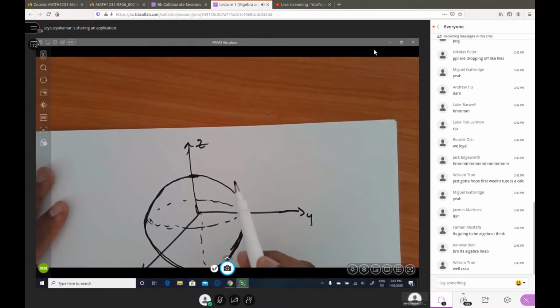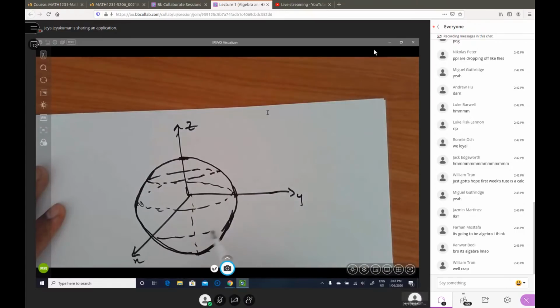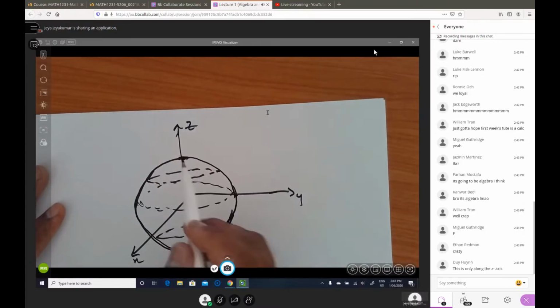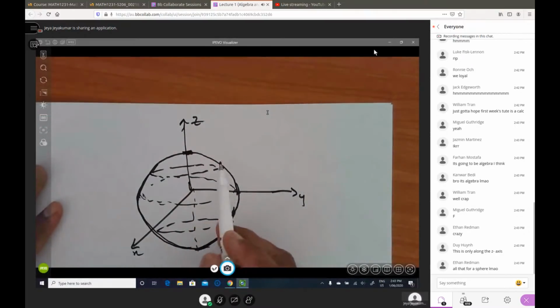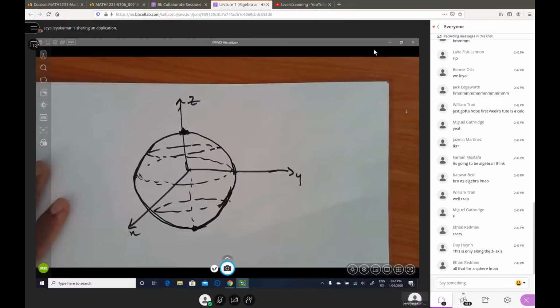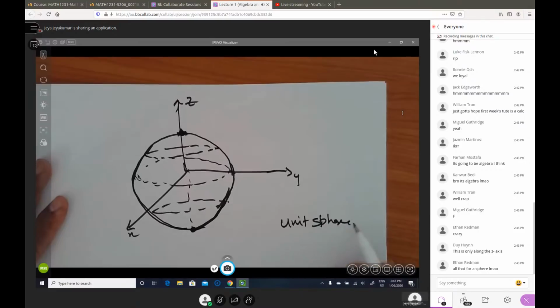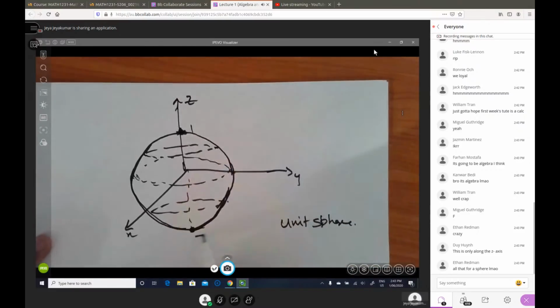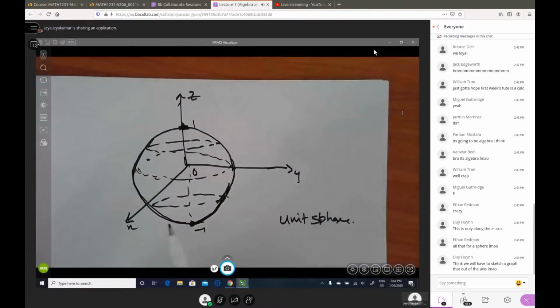And when z is plus or minus half, you have a circle with radius root 3 over 2, like this, and here as well, plus half and minus half. When z equals 1, the intersection of the surface and the z equals 1 plane is a point, that point here and that point here. This is a unit sphere. So that's 1, that's minus 1, and that's the origin here. Maybe I will post a slightly better sketch than this one later on when I upload the answers tomorrow.